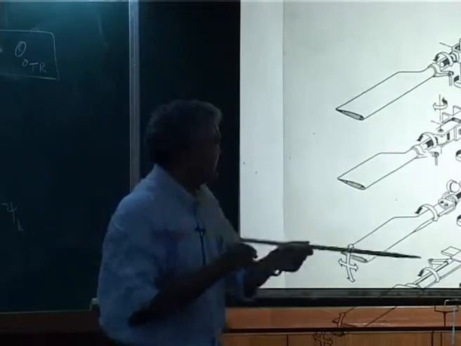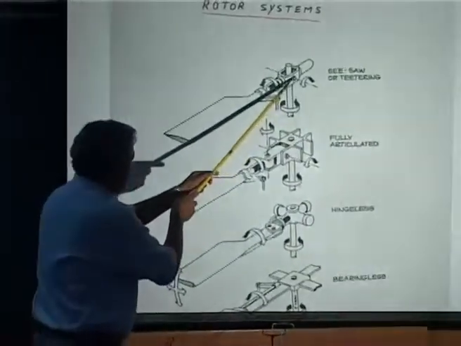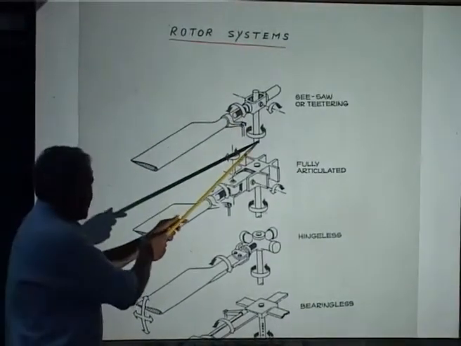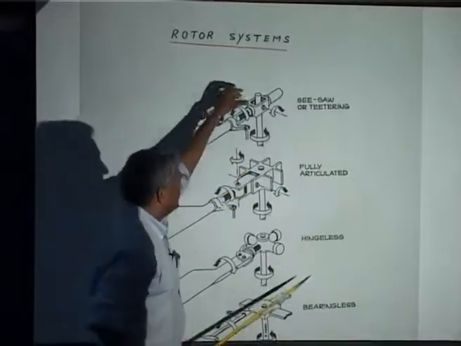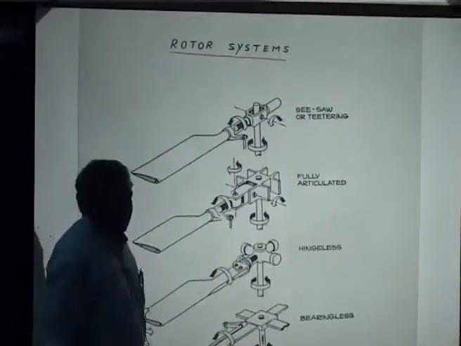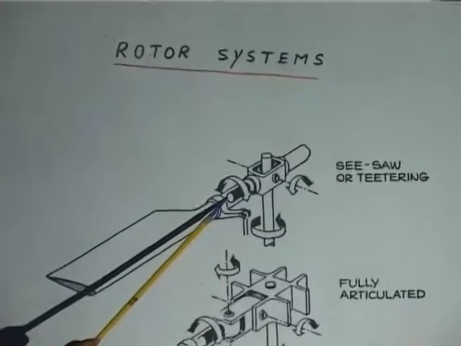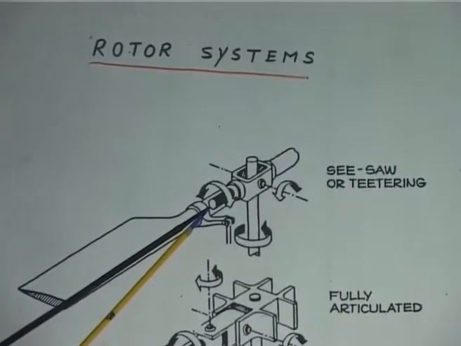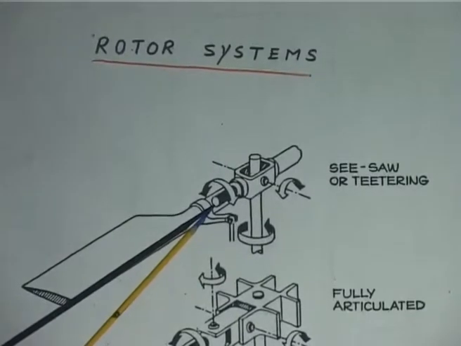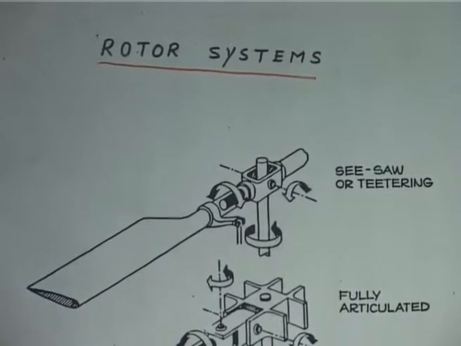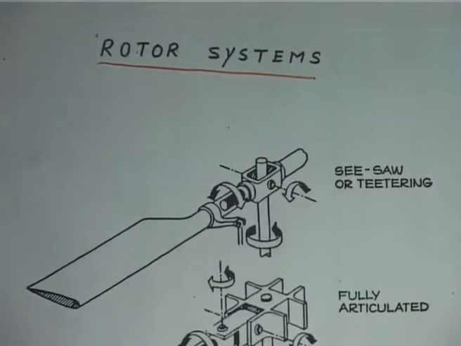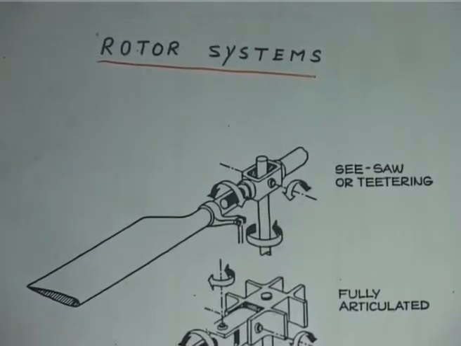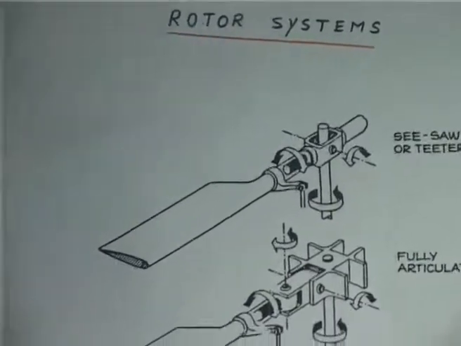I have put a hinge here, this is the attachment, this is the rotor shaft. Okay. I put a cup and then attached it, and I have a pitch bearing. Please understand, I have a pitch bearing. The pitch bearing is always required, otherwise I cannot change the pitch angle of the blade. Okay. Is it clear? Now, this is called the seesaw or teetering rotor.